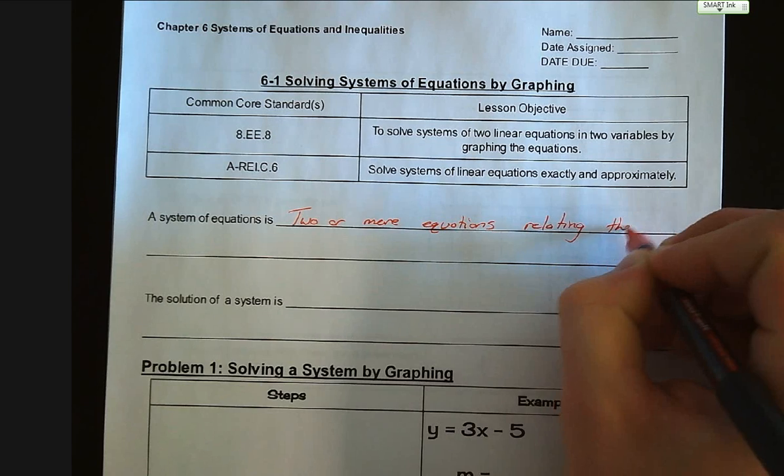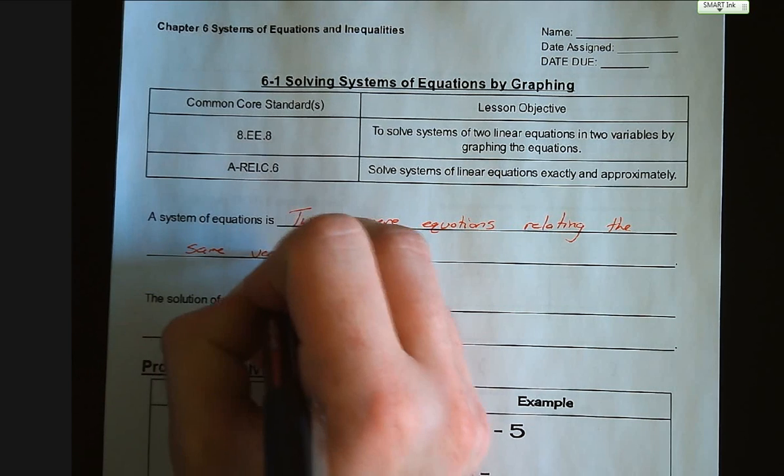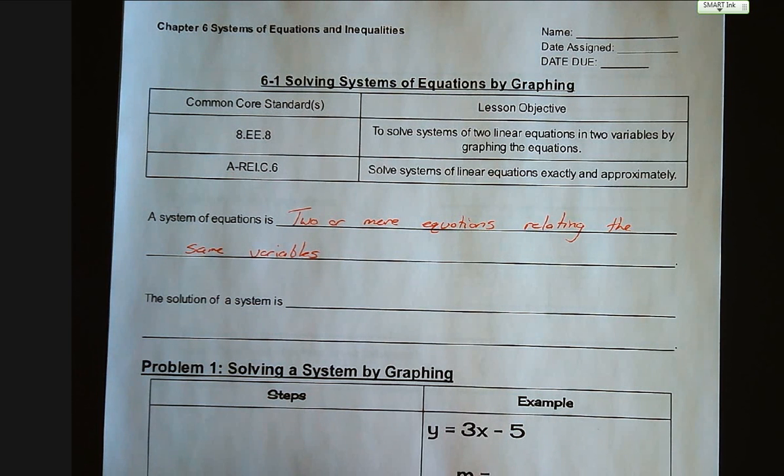So for the purposes of our class, we are only going to deal with systems with 2 equations, and we are only going to be dealing with linear equations in these systems. When you get to Algebra 2, and maybe in Geometry, but I think it'll be mainly Algebra 2, you'll look at systems of equations that have quadratics and linears, maybe things that are cubed, all kinds of other weird stuff. So that's not for us to deal with.